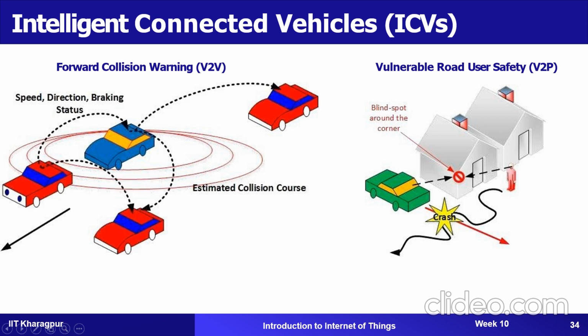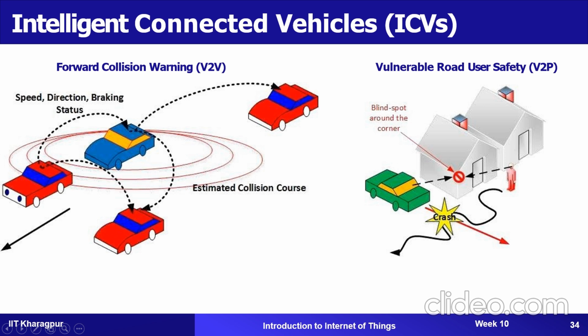And the second figure is showing that here there is a blind spot. So basically a pedestrian is not able to see your vehicle, and the vehicle is not able to see the pedestrian. So if this is your intelligent connected vehicle, then it is able to detect that there is a blind spot.